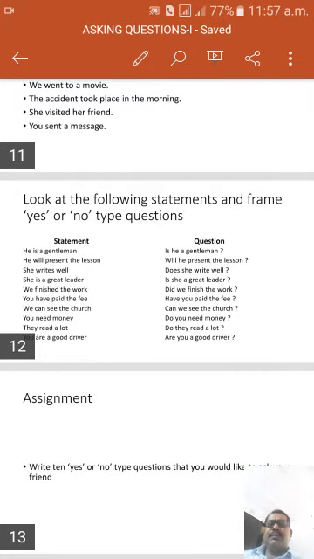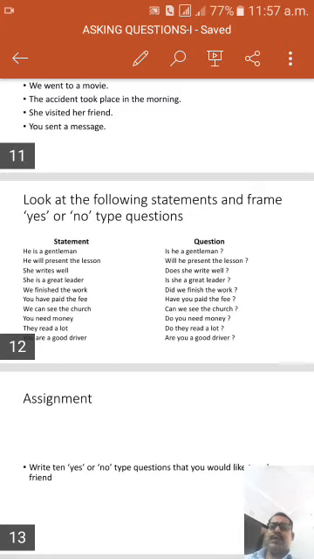So if there is a helping verb in the statement, that helping verb becomes the questioning word in the question. And if the statement doesn't have a helping verb, you take the main verb, and with the help of that main verb you change it into a question.